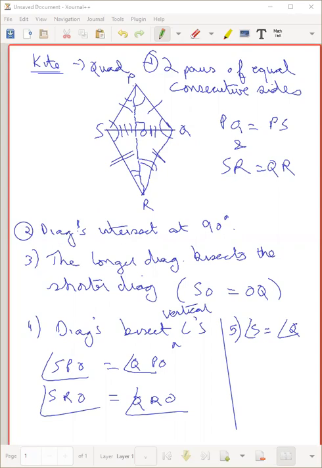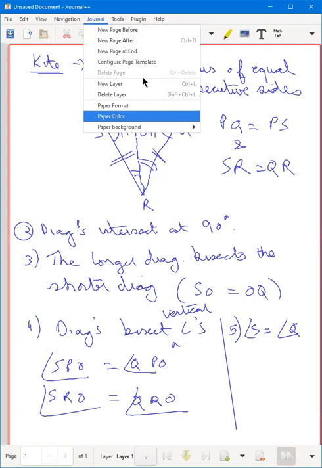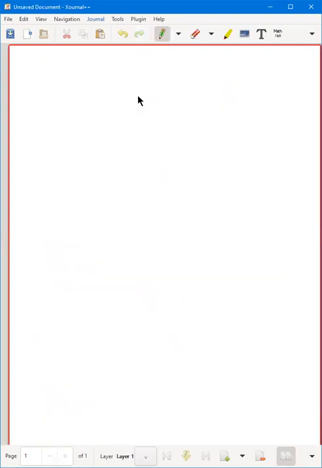Properties of kite. Okay, done. Anybody still copying?